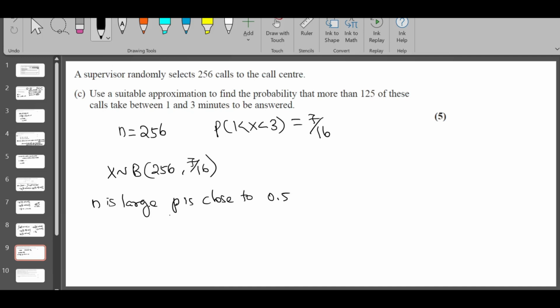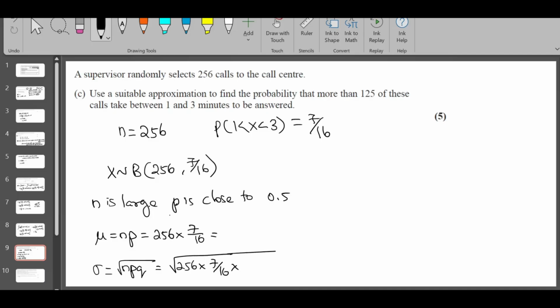So mu is np, which is 256 times 7 over 16. Sigma is square root of npq, square root of 256 times 7 over 16 times q, where q is 1 minus p. Get these values first.